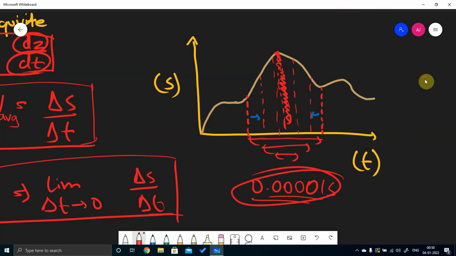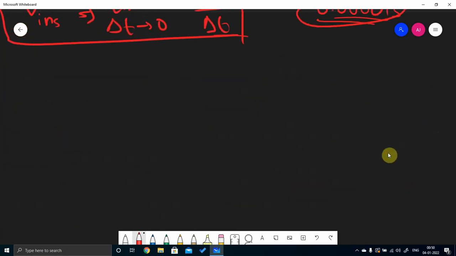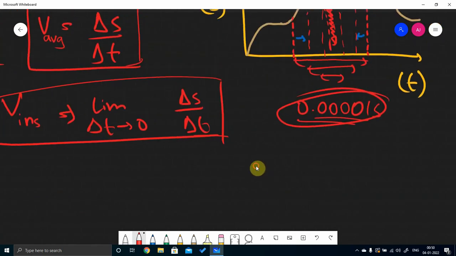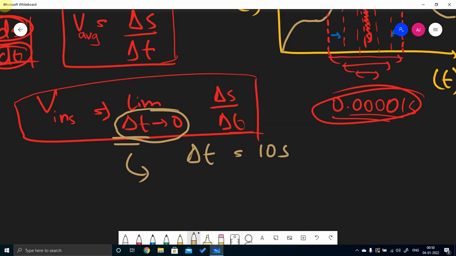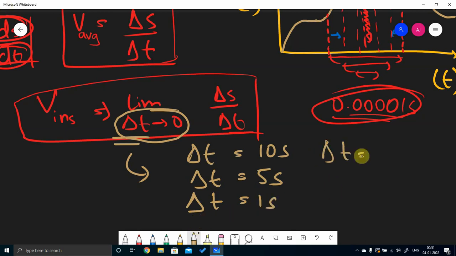That is why this delta t, okay, it's lagging a little, I'm really sorry. So what this over here signifies is that the time interval that we are taking is slowly tending to zero, right? So initially, let's say we took delta t equal to 10 seconds, then we took delta t equal to 5 seconds, then delta t equal to 1 second, then delta t equal to 0.00001 second, right?